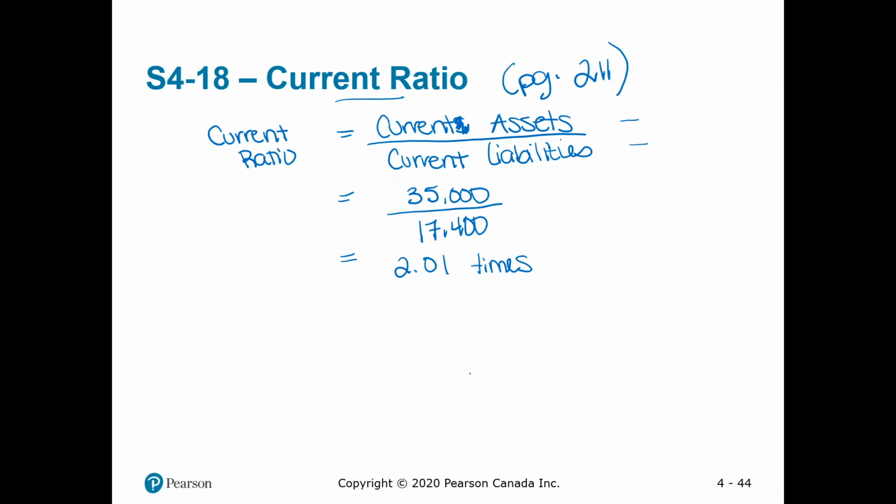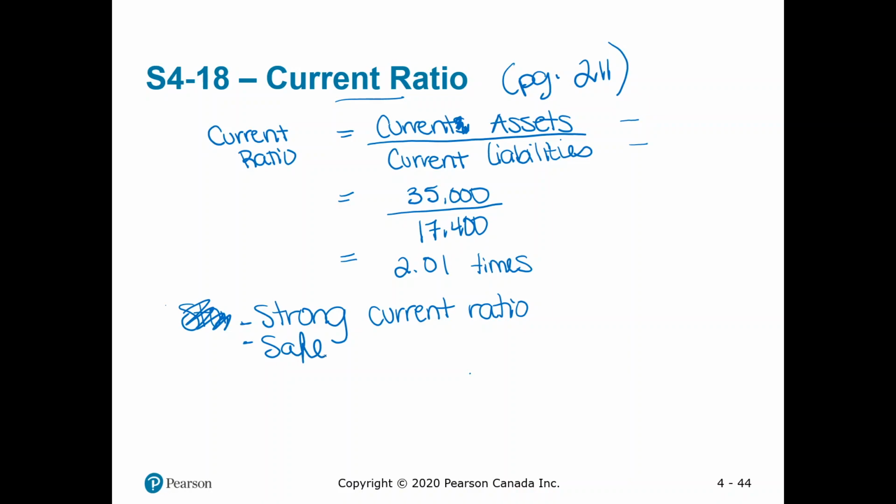So how do you think this measures up? Is this risky? Is it safe? Is it a weak ratio or a strong ratio? So this is strong. This is a strong current ratio. Or it indicates that it's safe.